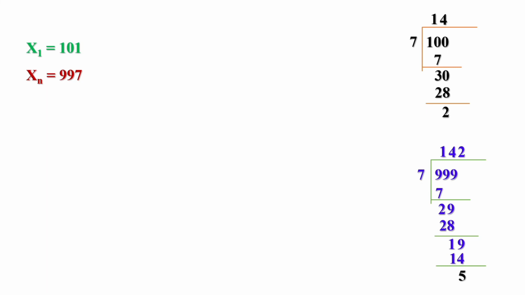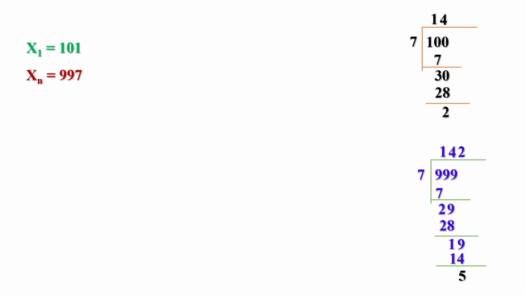Now we know it is an arithmetic sequence with common difference 7. We have already seen that when we divide numbers by 7, we can make sequences: the multiples of 7, the numbers which leave a remainder 1 on division by 7, those numbers which leave a remainder 2 on division by 7, like that.